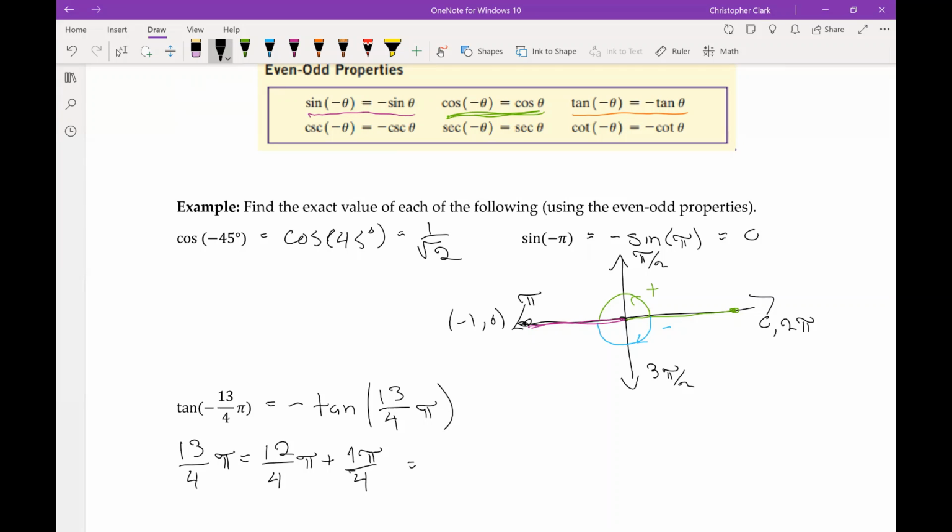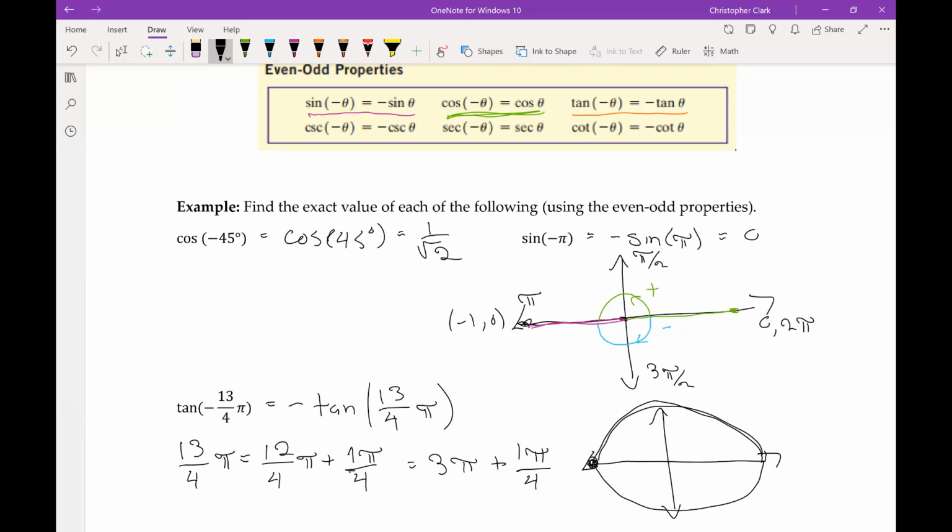All right, but 12 pi over 4 is just equal to 3 pi, and then we have 1 pi over 4. So what this looks like is I start over here and I go 1 pi, 2 pi, 3 pi, so I'm essentially going to start right here, and I'm going to go an extra pi over 4.